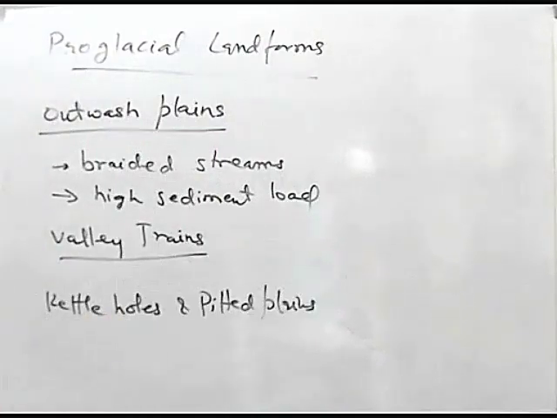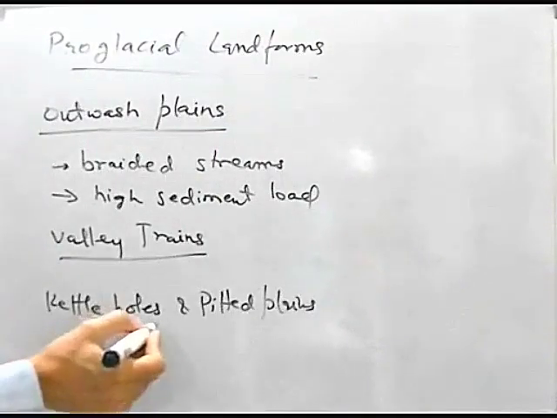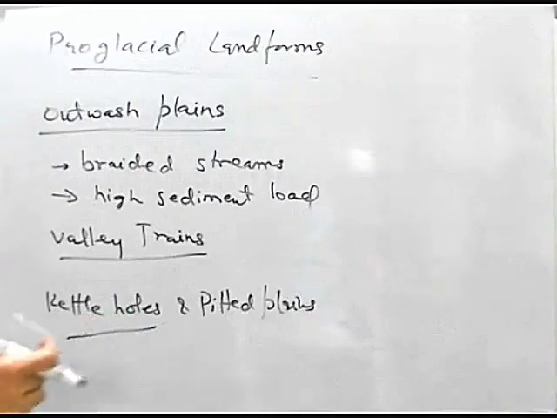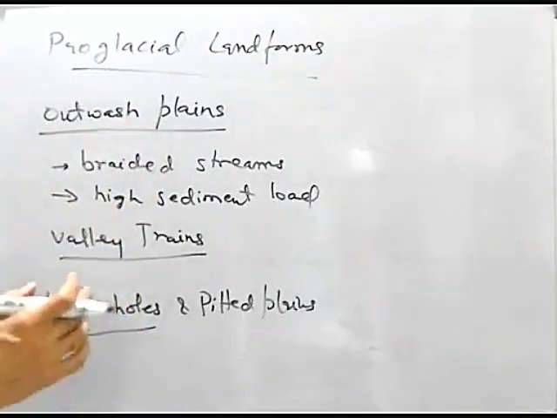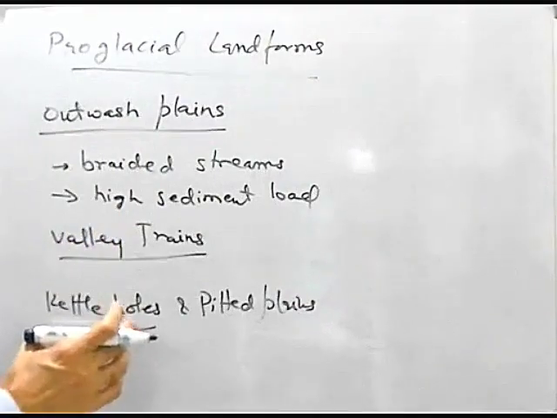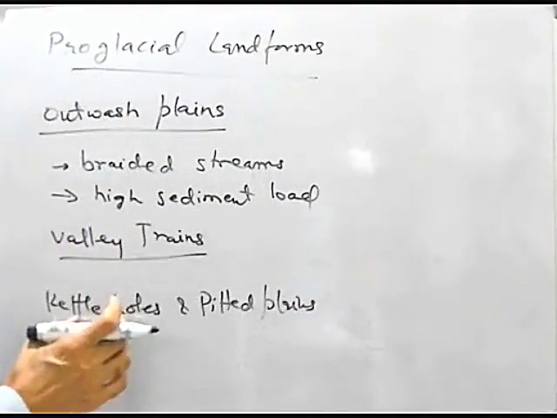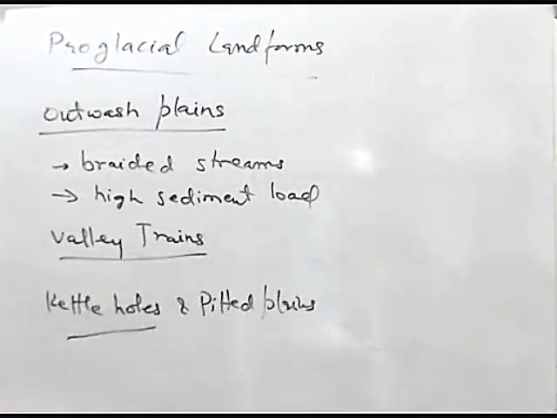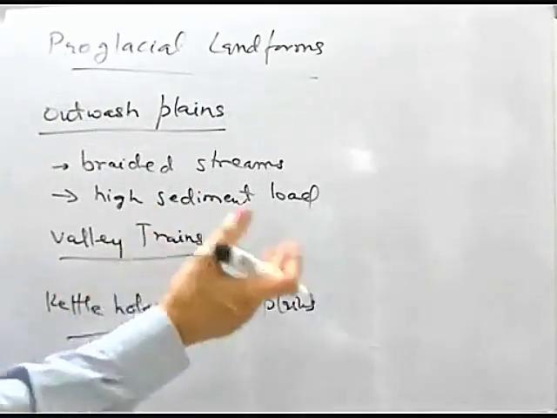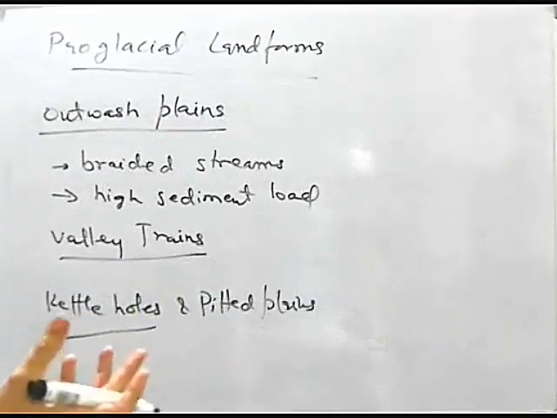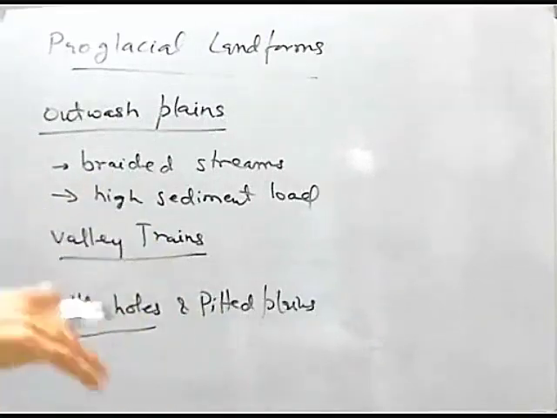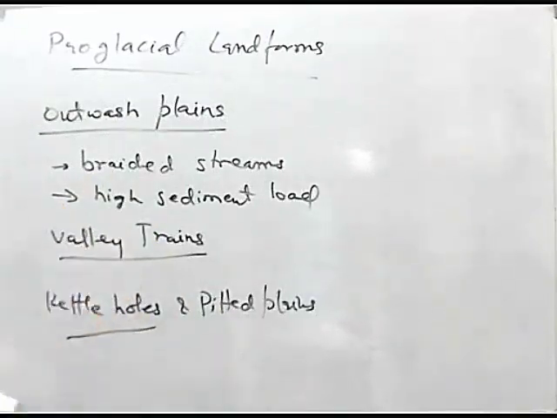Kettle holes and pitted plains. Now these kettle holes are actually small depressions present in the sediment of the outwash plains or in the valley trains, and these developed by the melting of isolated pieces of stagnant ice. So during the recession of the glacier, it is possible that some large blocks of ice remain studded in the sediments of the outwash plain.